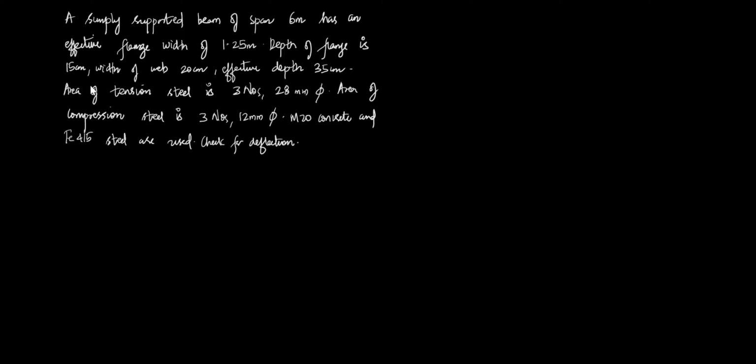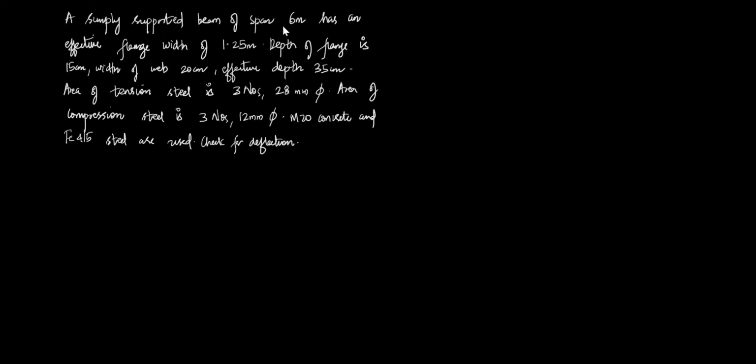The depth of the flange is 15 centimeter and the width of the web is 20 centimeter. The effective depth is 35 centimeter. The area of tension steel is 3 numbers 20 mm diameter and the area of compression steel is 3 numbers 12 mm diameter. M20 concrete and Fe415 steel are used. You need to check for deflection.